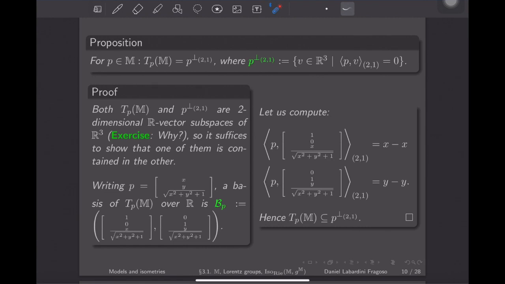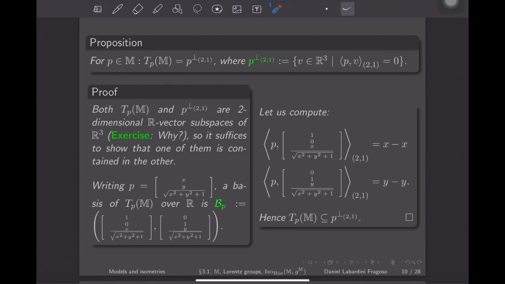First of all, both of them are two-dimensional real vector subspaces of R3. This one is, just because I'm thinking that it's really anchored at the origin. But this one as well. This one is two-dimensional. It cannot be three-dimensional, because if it were, the form would be degenerate, because then all of R3 would give me paired with P equal to 0, but P being in the hyperboloid is not 0.